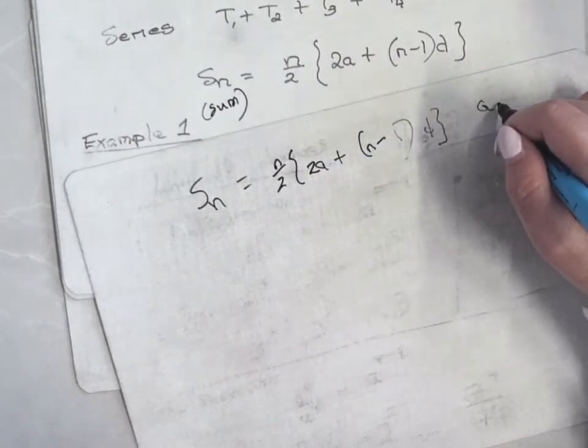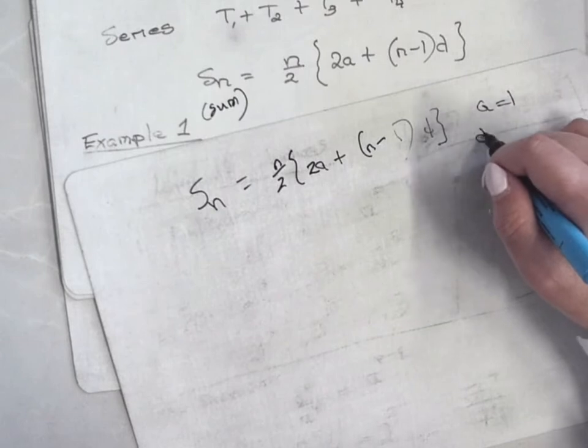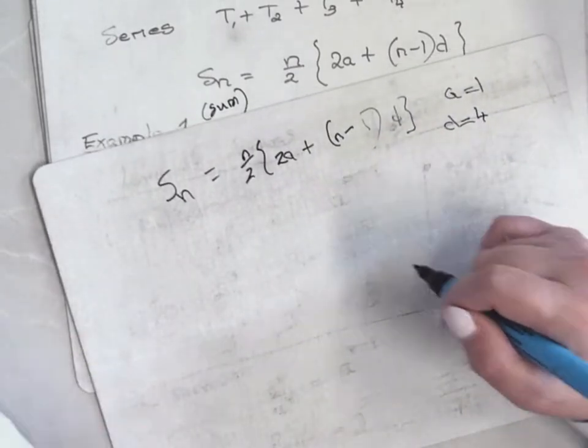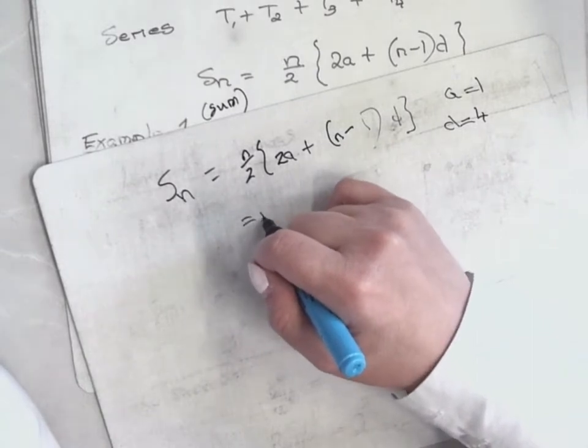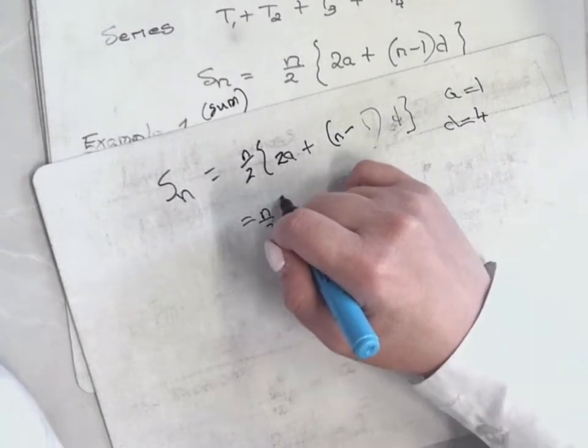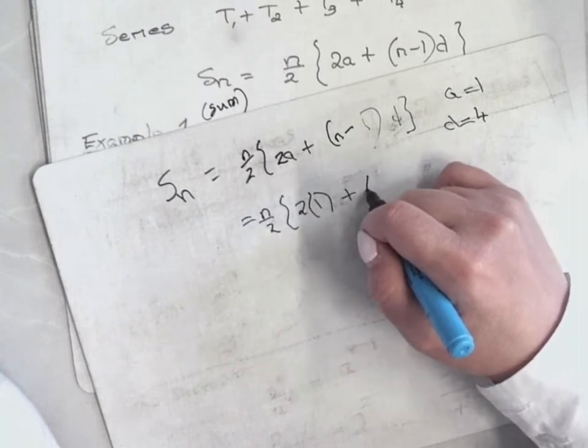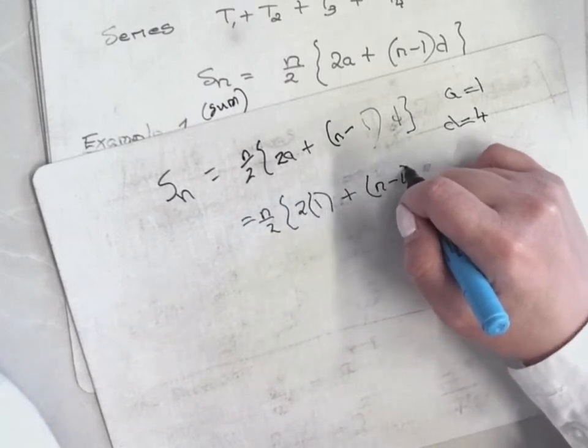So A I said was 1 and D was 4. So I'm just filling in for A and D. So it's n over 2 times 2 times A, which is 1, plus n minus 1 times D, which is 4.